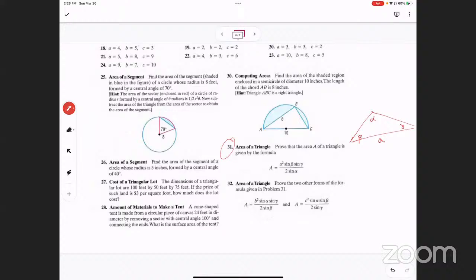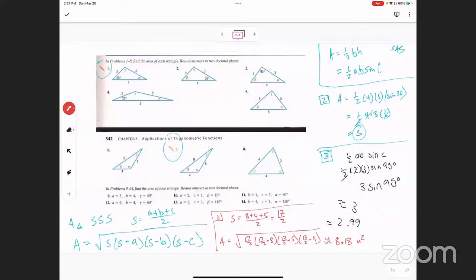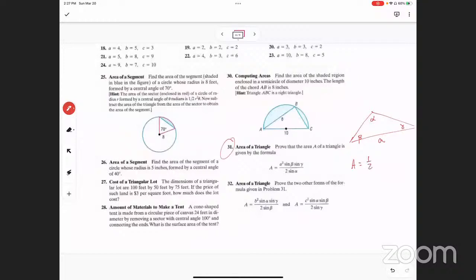Well, we know that the area equals, we can use the formula that we just talked about, 1/2 AB sine C. Let's just use the basic one, 1/2 base times height.